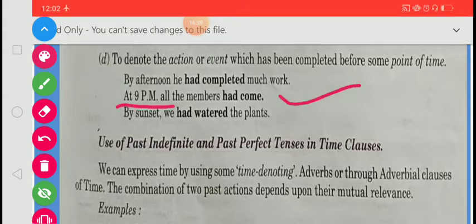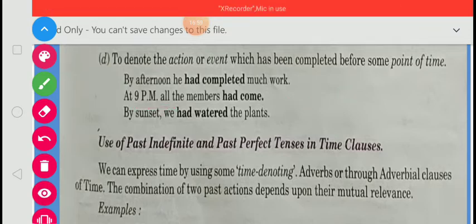So time has been mentioned. If time is not mentioned, then we would have expressed it in this way: all members came. Because time has been mentioned, it has been expressed in past perfect tense.